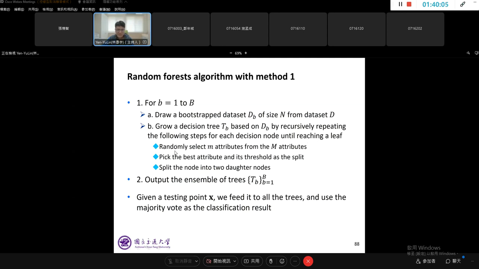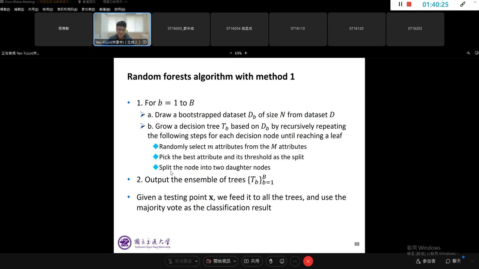Because we implement method number 1, for each decision node, we randomly select m attributes from the capital M attributes. We pick the best attribute and its threshold as the split.